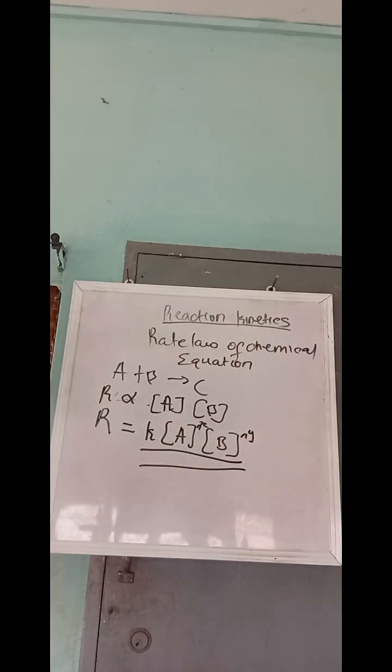So the rate law states that the rate of a chemical reaction is directly proportional to the concentration of the reactants, each with an exponent. Your X and Y are the orders of reaction with respect to reactants A and B respectively.